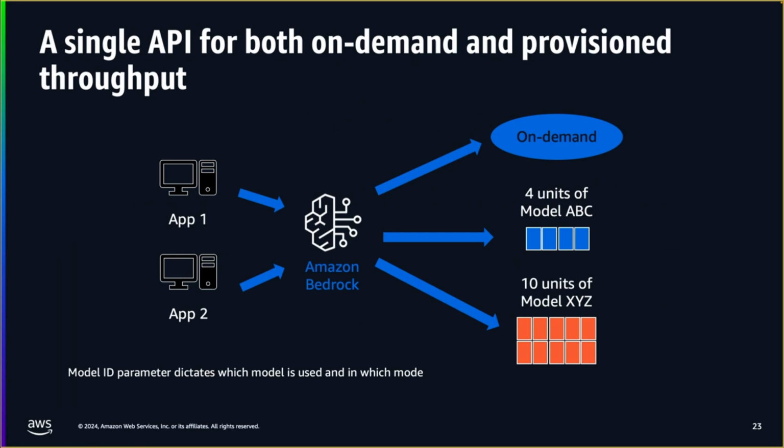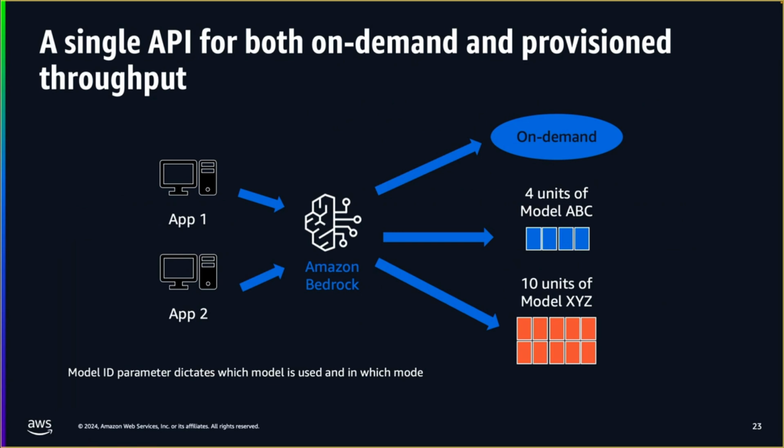If you use on-demand inference, you just use the default model ID of the model of your choice. Once you provision throughput, you have an ARN of the provisioned throughput. So if you specify that ARN in the request, those requests will be run against your provisioned throughput model.